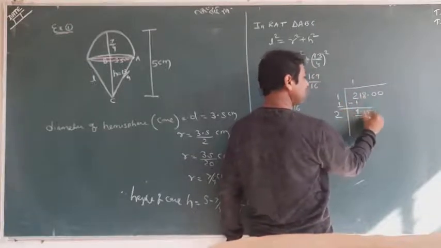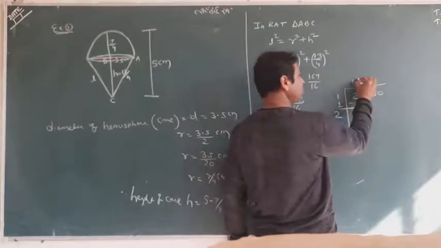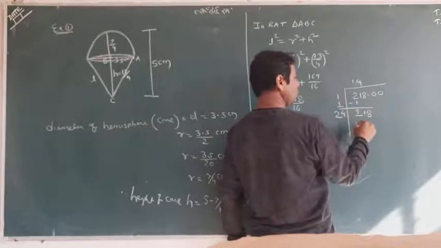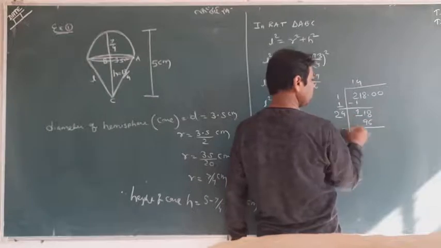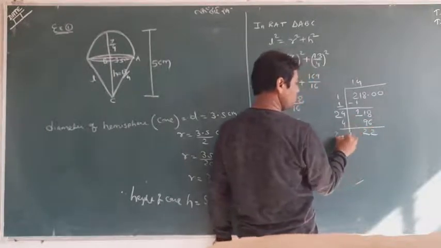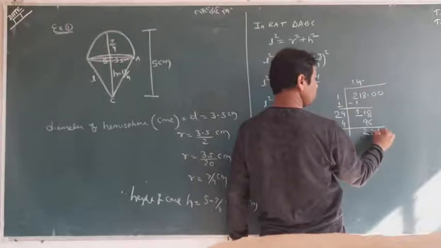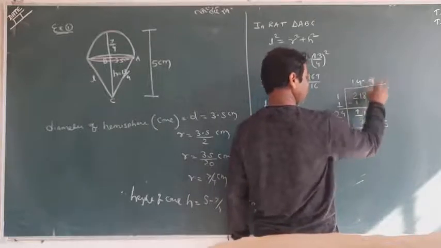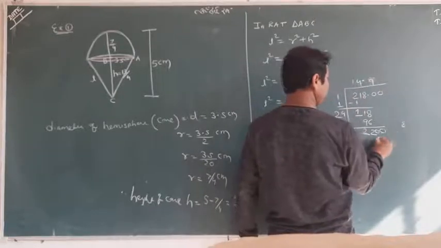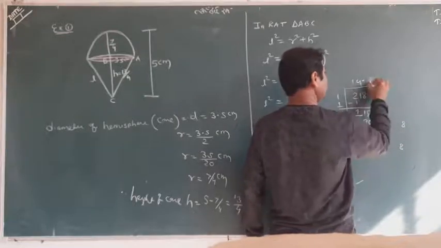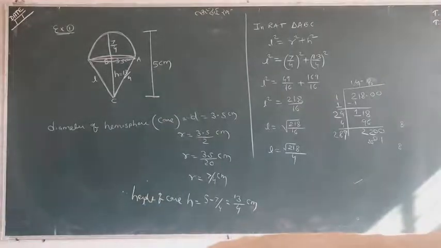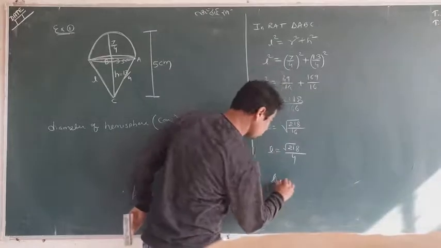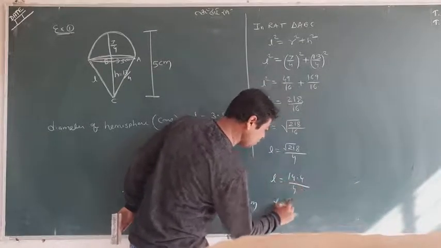You know the method? It is something like 14.8, approximately. 14.8 is upside, 4 is downside.